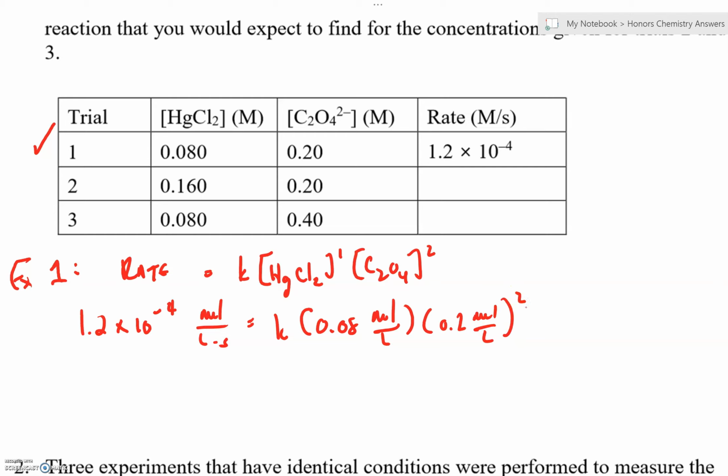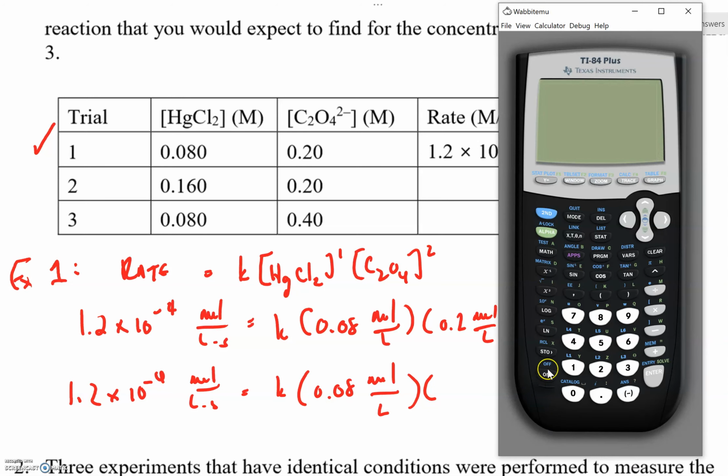Okay? So let's do that, and we'll solve for K. So now what we have is 1.2 times 10 to the negative 4 moles over liter seconds equals K, which we don't know. This is still 0.08 moles per liter. But we're going to square 0.2, and just to be safe, I'm going to do it on my calculator.